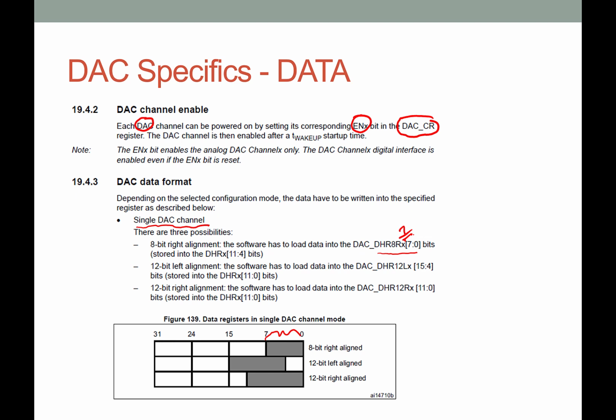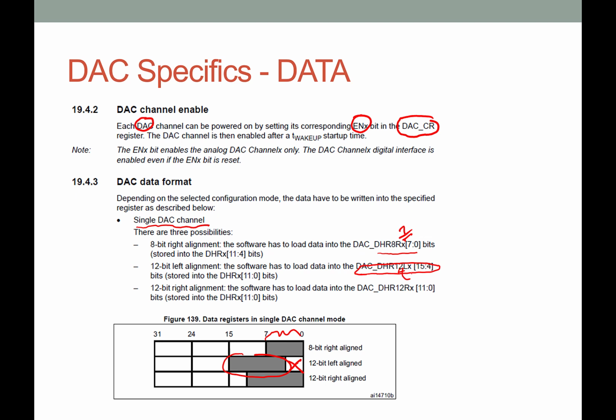We have the 12-bit left alignment, so that's showing this particular case. These 4 bits right here are nothing, so bits 0, 1, 2, and 3 don't hold anything. It's showing that we're going to put that in DHR12LX. L is talking about the lower 16 bits, and we're putting the bits in 4 through 15.